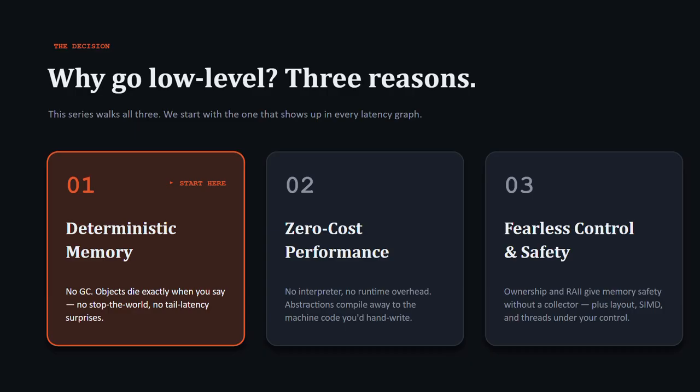When we are writing systems which are latency aware, we have to make sure that we manage our memory well and not use a garbage collector for it. So we have to go with a low-level language such as C++ or Rust.